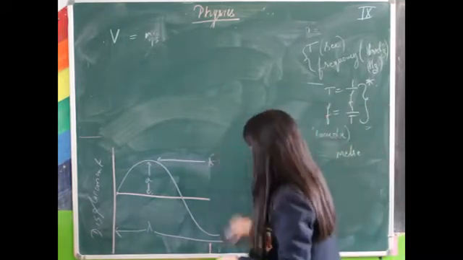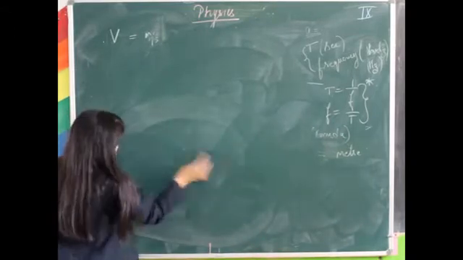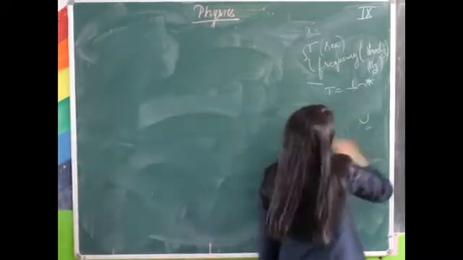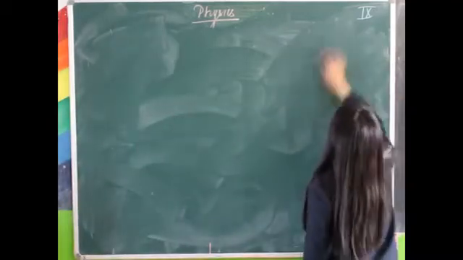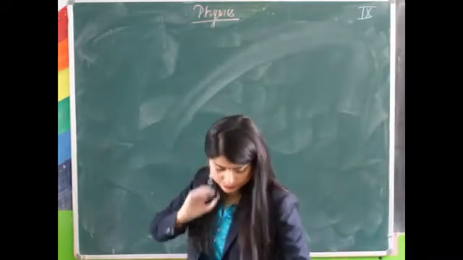Now, we'll find out the relation between wave velocity, wavelength, and frequency. There's one small derivation which is there in the syllabus. That is what you're going to find out right now.